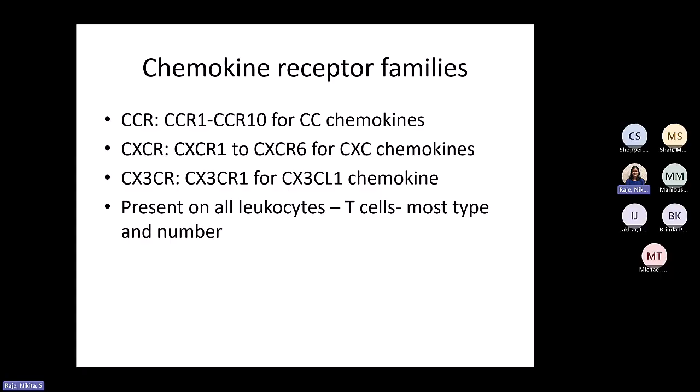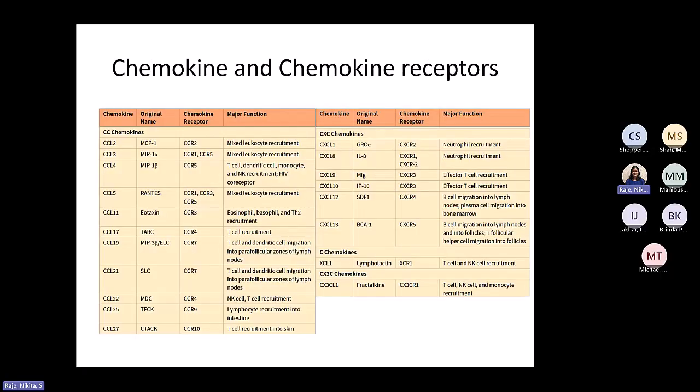The chemokine receptors are present on the leukocytes, and T cells have different types of chemokine receptors on their surface and most abundant receptors on their surface. So a few names here. Of course, this is a long list. Believe it or not, when I was a fellow, this list was 3 times longer. I don't know how they decided that they don't need to have us memorize all of them.